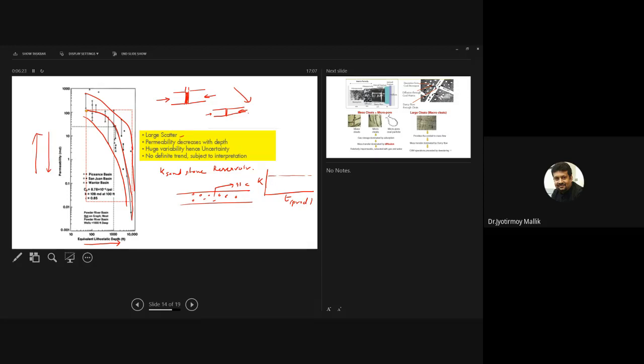Okay, for conventional reservoirs. But in case of unconventional reservoirs like coal bed methane, the permeability is a little bit difficult to understand, and this is what I'm going to demonstrate now for you.